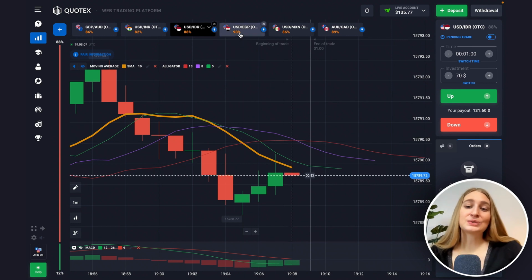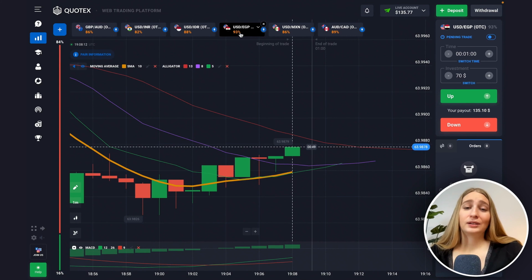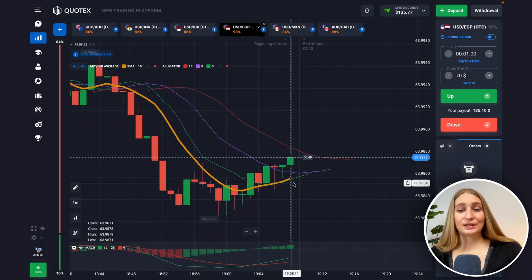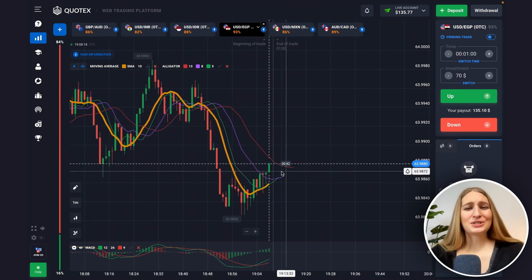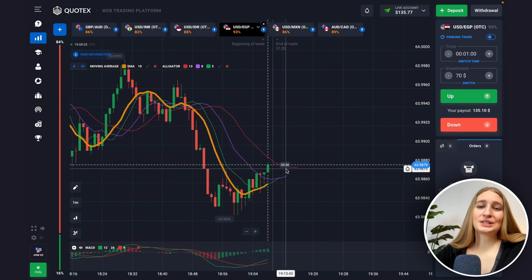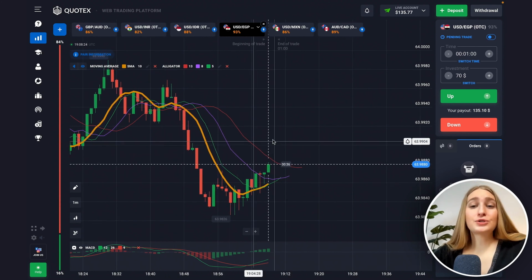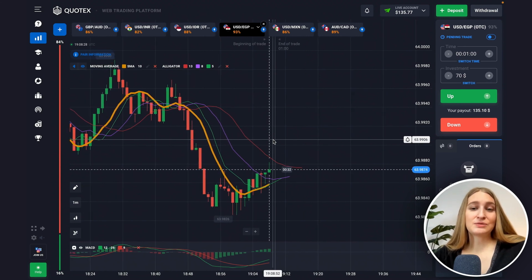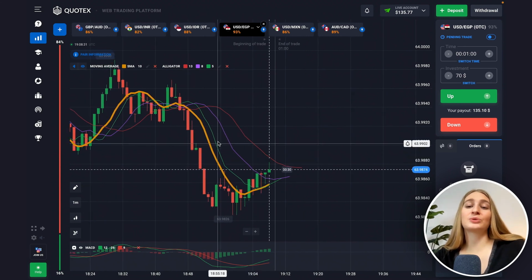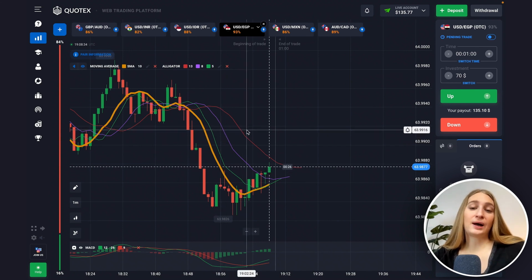Using good pairs, you also need to know what hours of trading session this currency pair is active. What is the average trading volume? What is the average volatility of the currency pair? The nature of the daily movement. What upcoming important news will influence the movement of this currency pair that you are using right now?